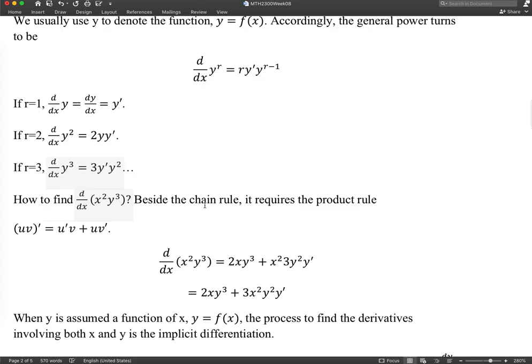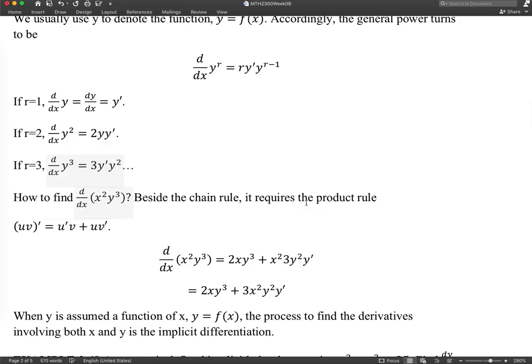That's why I said we needed the product rule. And I have the formula copied and pasted: the derivative of u times v is u prime v plus u v prime. Certainly in this case, I hope you recognize u is x squared, v is y cubed, or maybe let me just write a little more work.